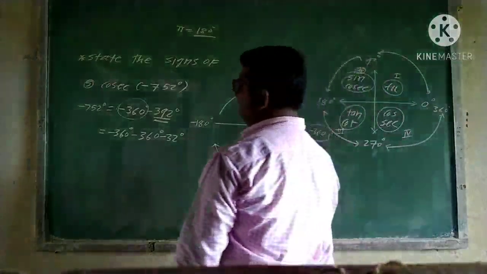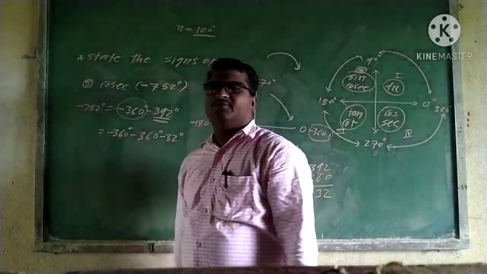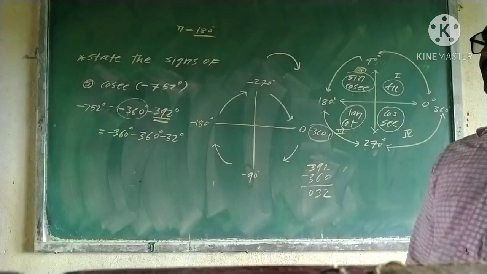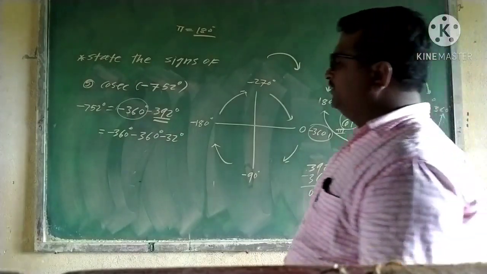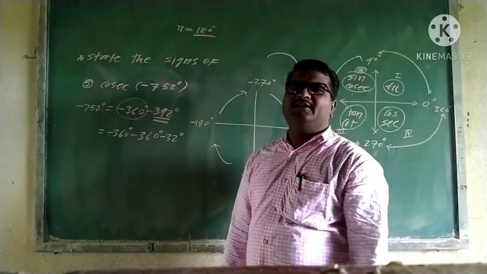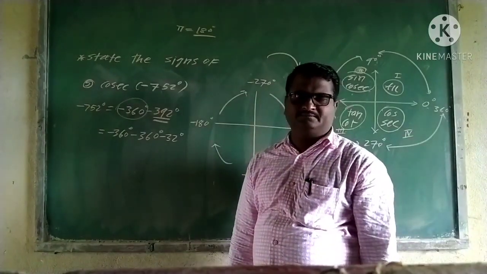Now these two 360 degree revolutions cannot help us find the position of the terminal ray.